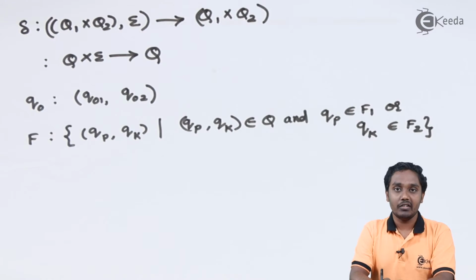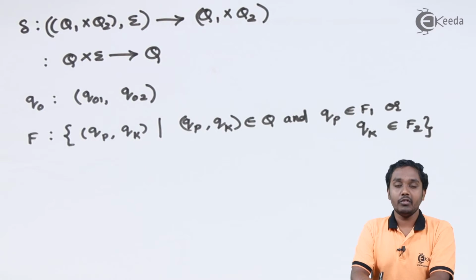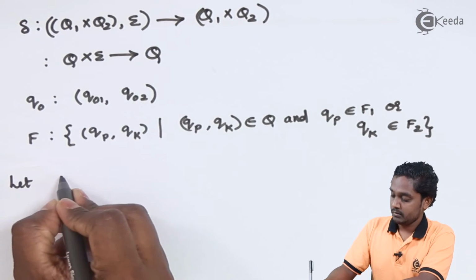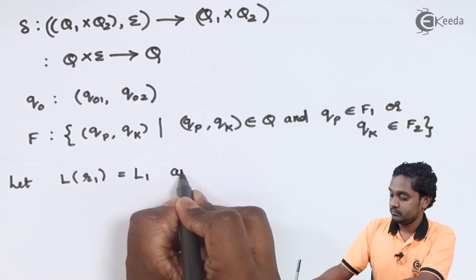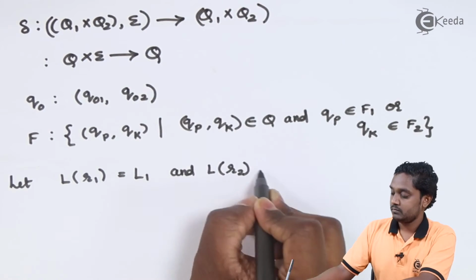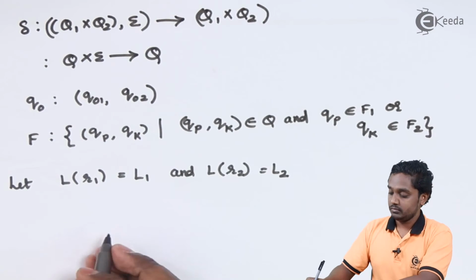Now let us see the second representation, that is using a regular expression. Let R1 and R2 be the regular expressions representing languages L1 and L2. We see that the regular expression R1 plus R2 represents the language L1 union L2.